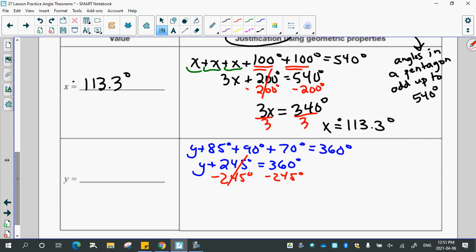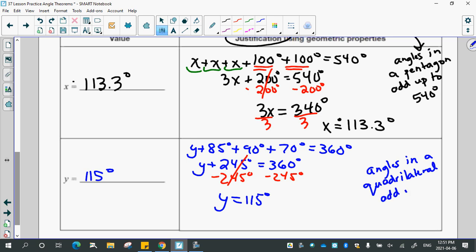So that ends up giving you y equal to 115 degrees. Fill it in your chart as well. And then that reason is that angles in a quadrilateral, that's what you call a four-sided polygon, quadrilateral, add up to 360 degrees.